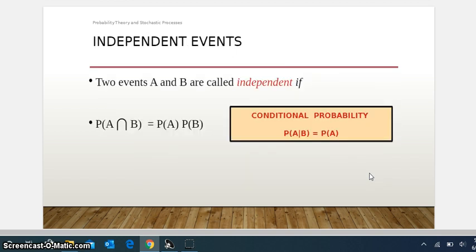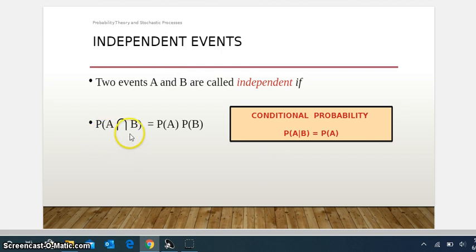So let us go to another important term, which is independent events. This is discussed here because it has a direct impact on conditional probability. When two events A and B are independent, what happens?